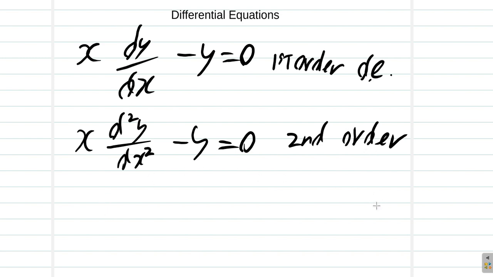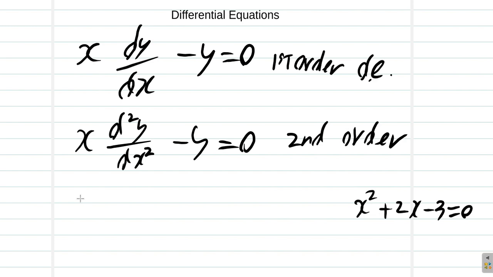Now, if you have a polynomial, say x squared plus 2x minus 3 equals 0, you say this is a second order polynomial because the highest power of x is 2.